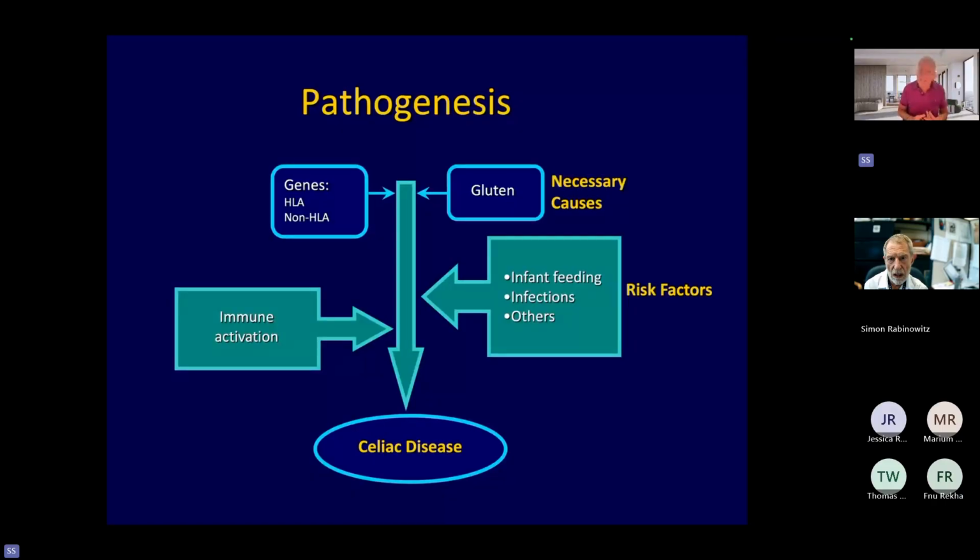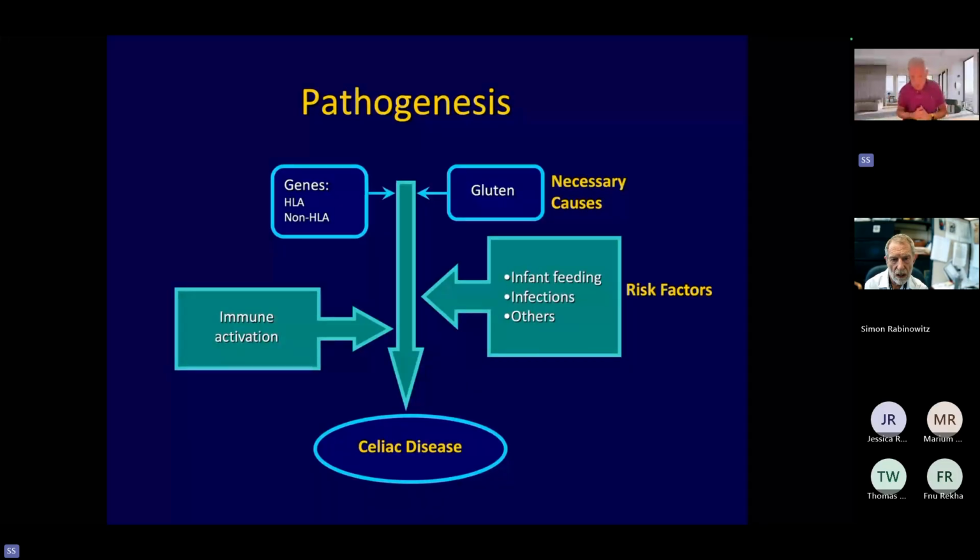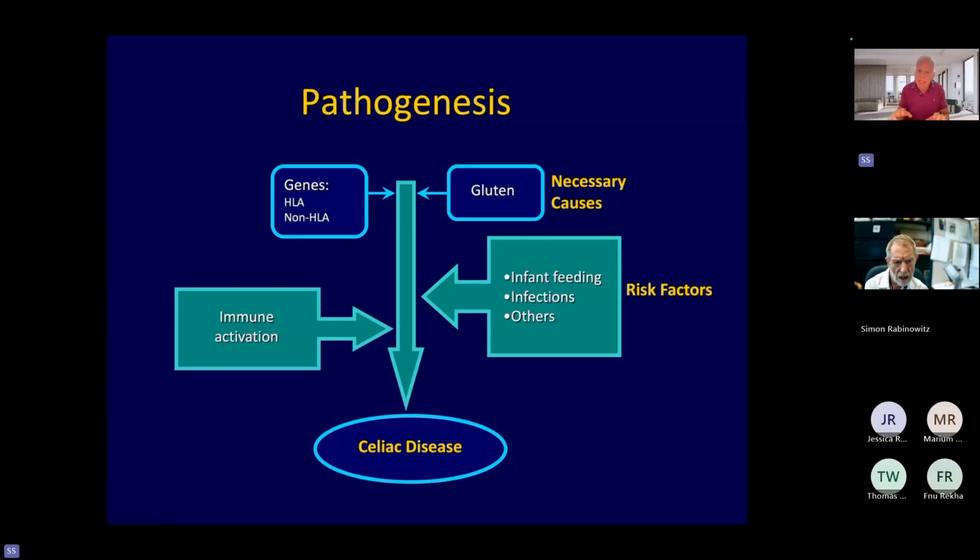Intercurrent infections that affect intestinal permeability, other things that could affect the immune system. This results in immune activation in at-risk patients, and finally, the expression of celiac disease. I can't reiterate too much. We've seen this before. In the absence of gluten in the diet, one cannot express celiac disease. One may have it latently, but unless you are exposed to gluten, you will not become symptomatic, you will not have a positive serology, you will not have a positive biopsy.